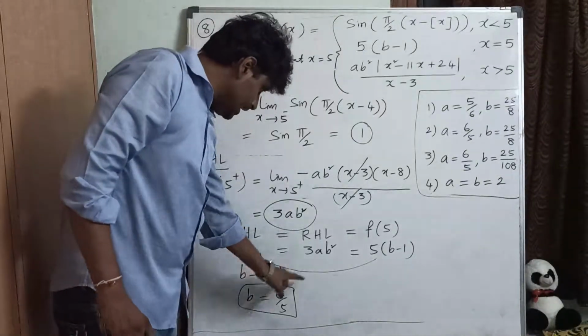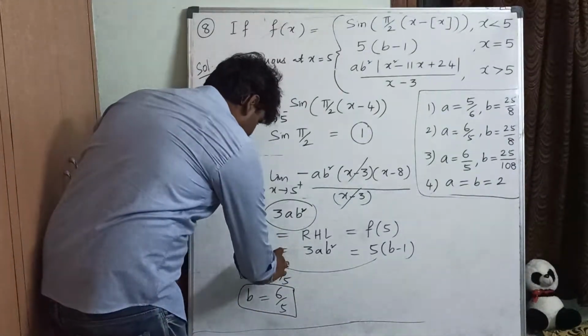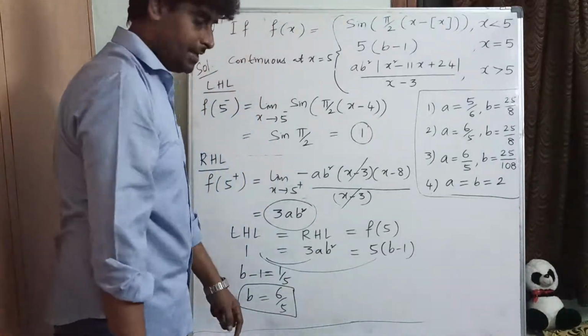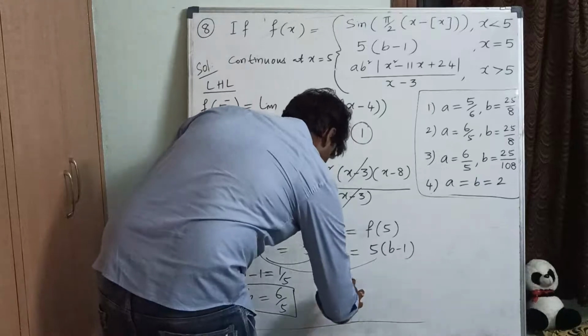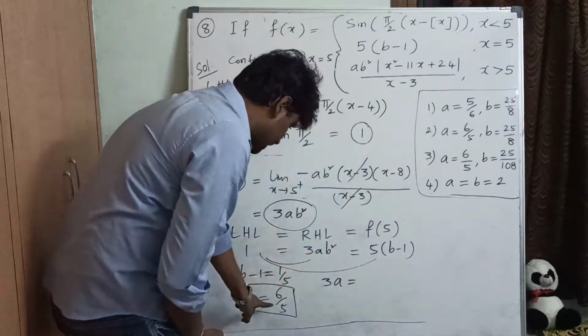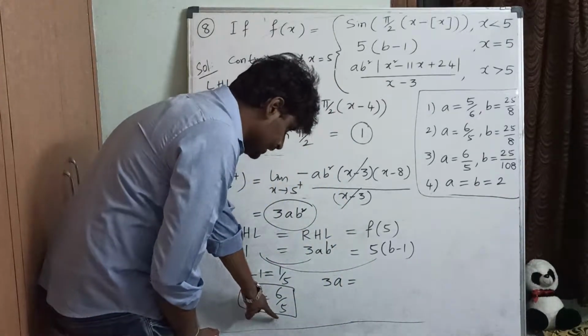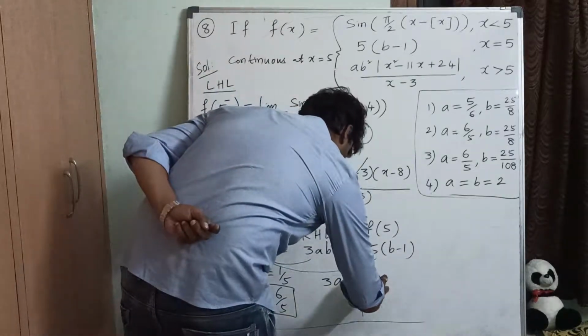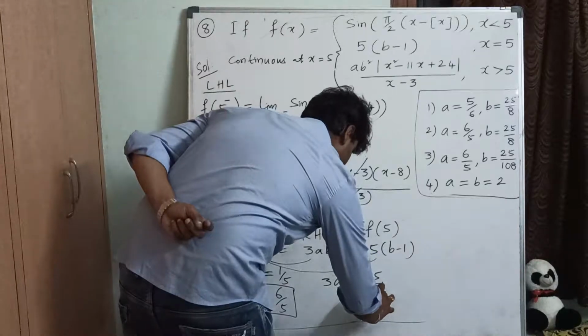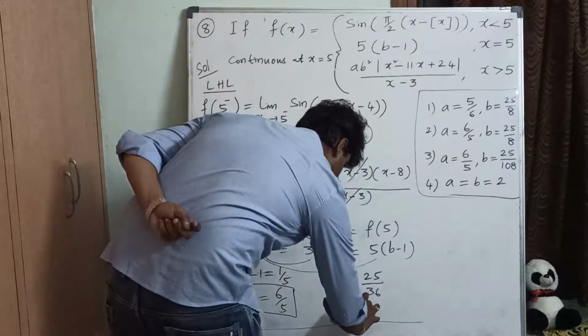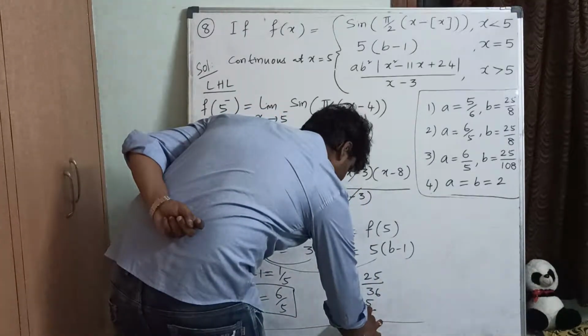Now if I use b here, by equating these two we'll get a. So 3a, right? Here b square means 36 by 25, so a equals 25 by 108.